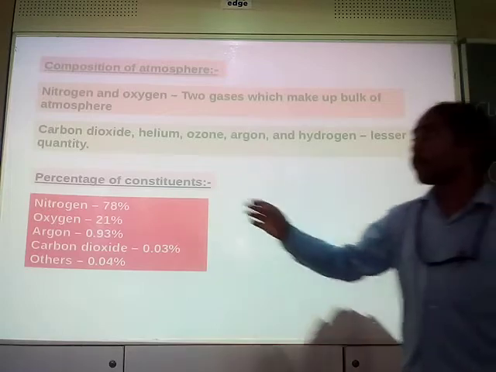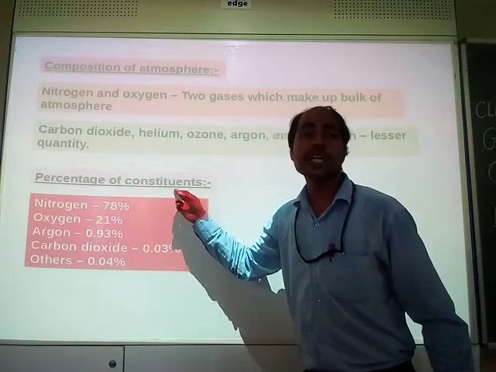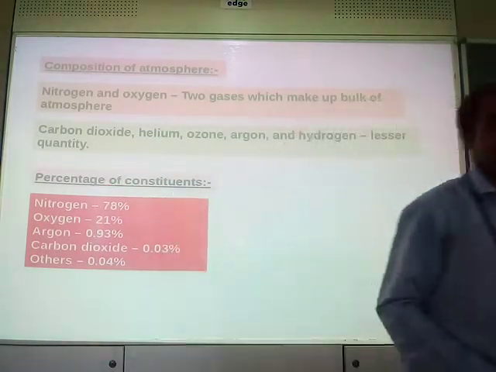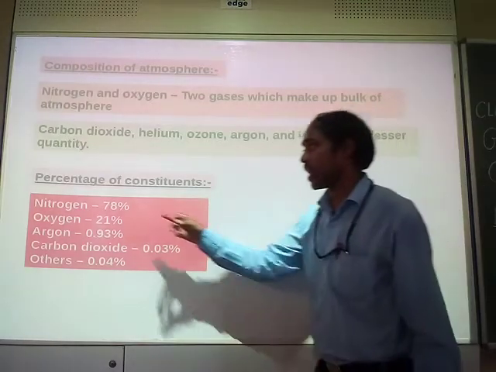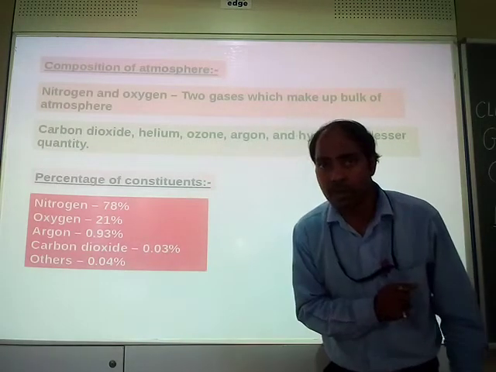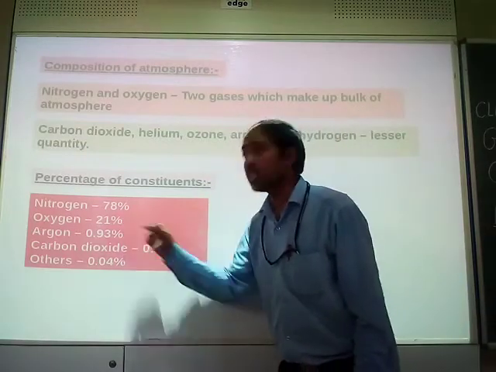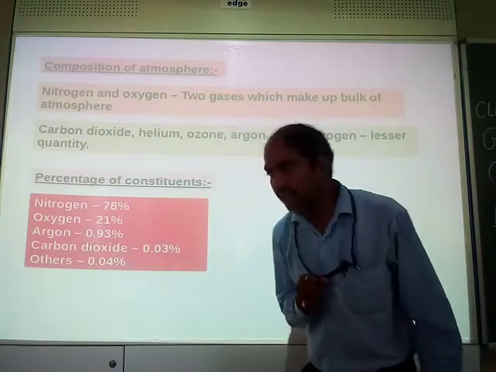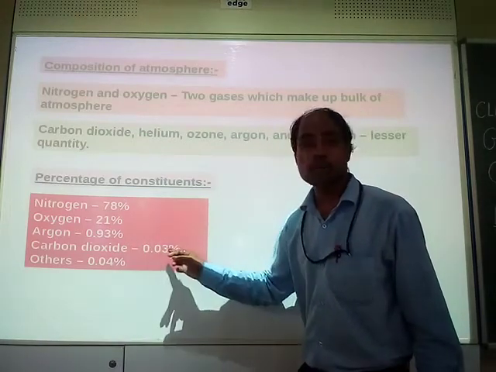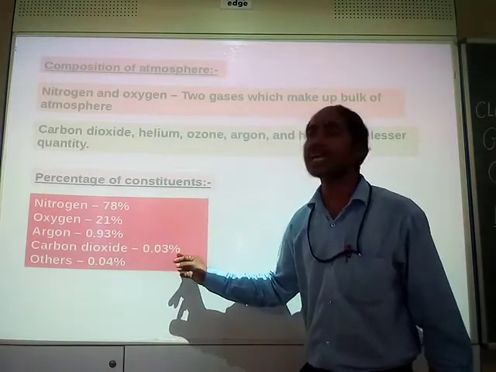Okay, the percentage of different constituents present in the atmosphere. This is the available amount of different gases. Nitrogen is 78%, oxygen is 21%, argon 0.93%, carbon dioxide 0.03%.